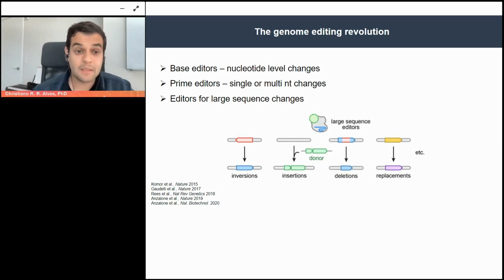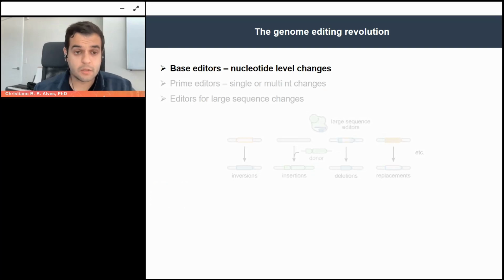So this is a really active field trying to develop new technology that could lead to new therapies. As I said, today I will focus on base editors, which was the technology that I decided to pick to use for the SMA context.